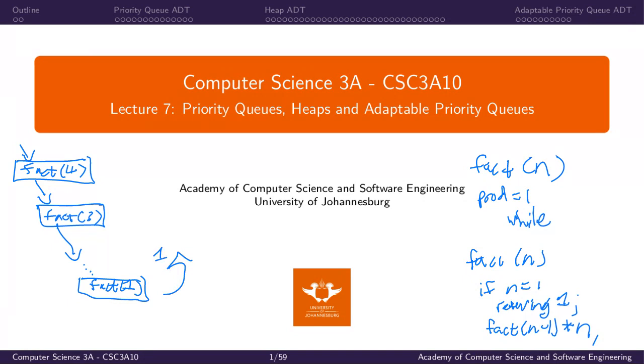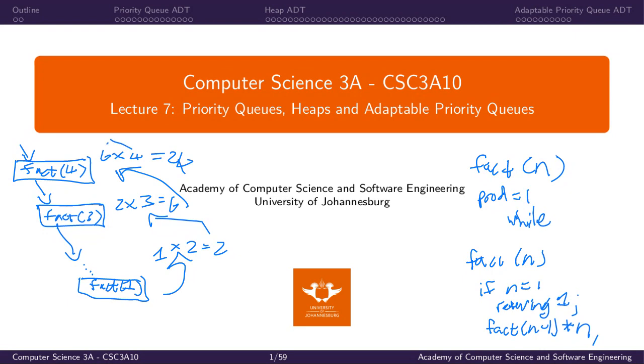That is then used by the calling function, which would have been fact 2. It then returns that value to fact 3, which takes whatever that was and multiplies it by n, and returns that to fact 4, which takes whatever that was and multiplies it by its n, which is 4.